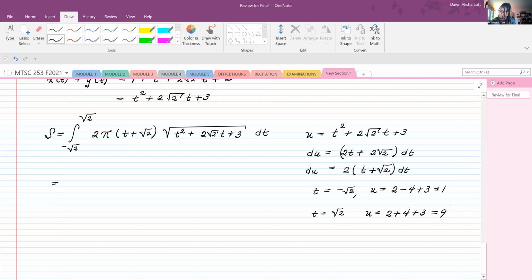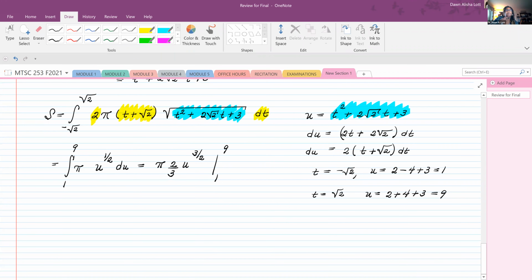It's so beautiful because this becomes the integral from 1 to 9 of pi times 2 times t plus square root of 2 dt, which becomes du. And then this just becomes the square root of u, or u to the 1/2. So leave the pi out, and then you get 2/3 u to the 3/2 power between 1 and 9.